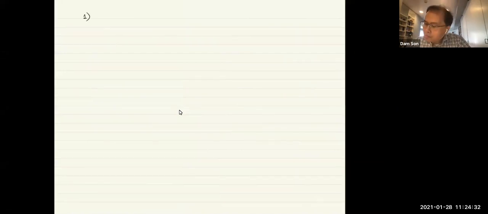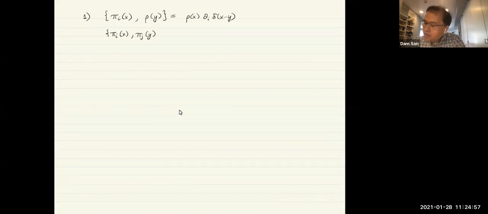The form that I will need to use is slightly different from this. So I'm going to write these Poisson brackets between the momentum density and the density: the bracket of pi i with rho is rho times d over dx_i of delta(x minus y), and then I have also the bracket of pi i with pi j. These are equivalent to the form that we have written in the previous transparency: pi j of x d over dx_i minus pi i of y d over dy_j.